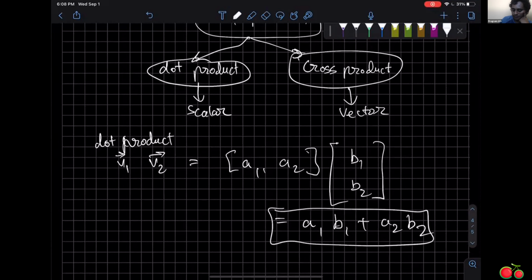This quantity here is the dot product. You're just multiplying each of these elements individually.